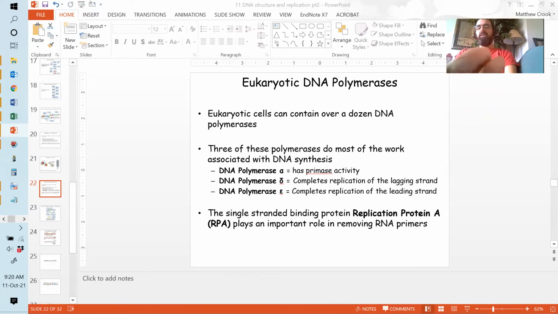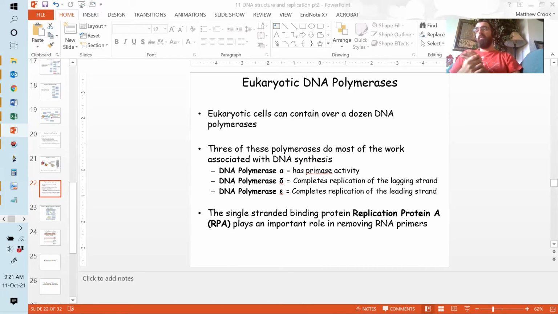The starter DNA pol is alpha. And that basically takes the role of primase. I'm guessing, I actually don't know, but I would guess that there was some kind of gene fusion in the past between a DNA polymerase and an RNA polymerase or primase.